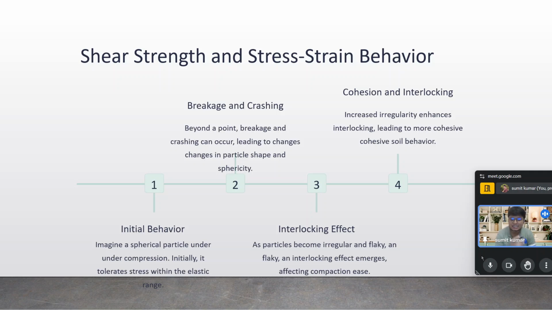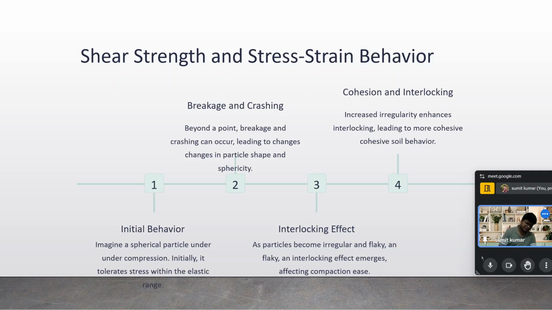The stress is applied on it, so it tolerates the stress within the elastic range. After that it fails. Whenever we see the stress-strain graph, there is a section up to which it goes in a linear manner, after which the non-linear case starts. Basically, the elastic range gets over, and it goes up to the plastic range, and then the fracture takes place.